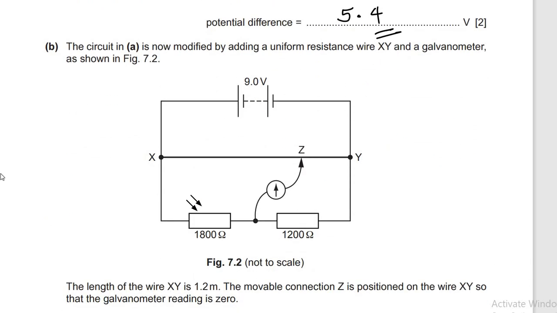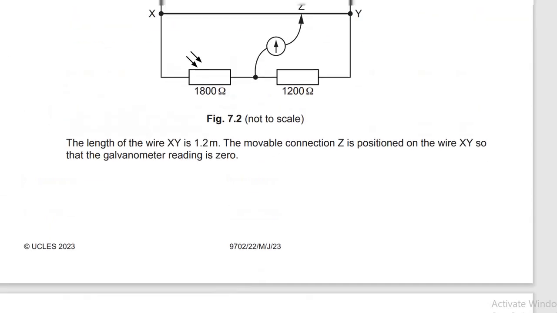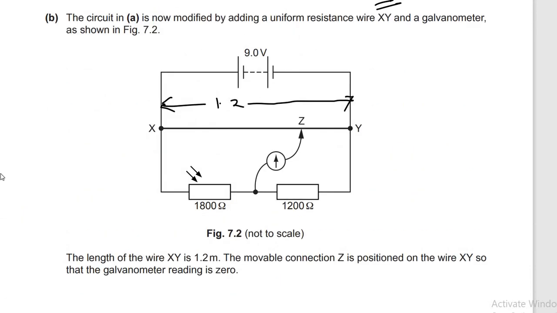The circuit is now modified by adding a uniform resistance wire XY and a galvanometer. The length XY, from here to here, is 1.2. The movable connection Z is positioned on the wire XY so that the galvanometer reads 0. Calculate the length SZ. Let me call the length between X and Z L1, and the length between Z and Y L2.